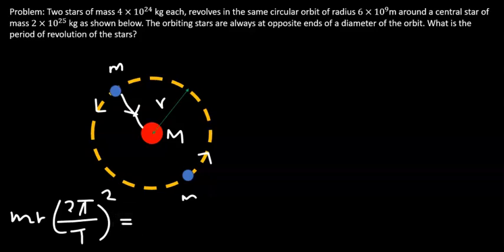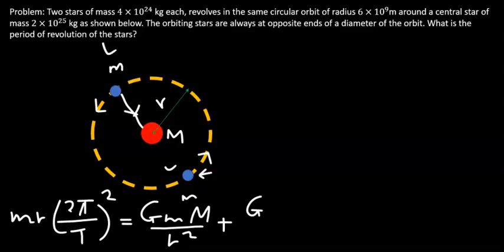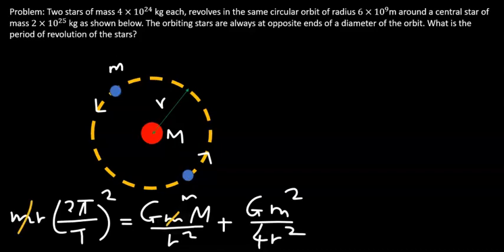So the first contribution is from the central star, and it's given by G, the product of the two masses, little m times capital M, over the square of the separation distance, which is r squared. Now comes the other contribution due to that one. It is G, the mass of this and this are the same, so it's m squared. The distance between them is 2r, so the square of that is 4r squared. This m will cancel that m.